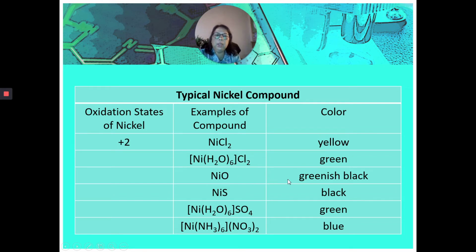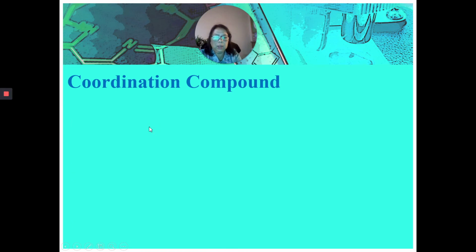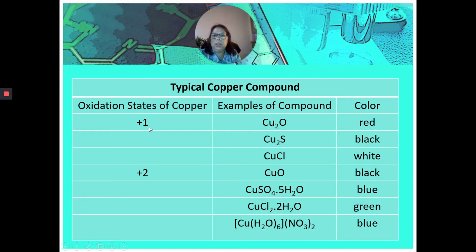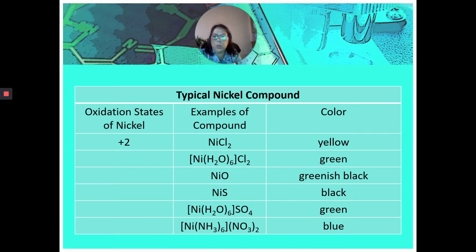With oxygen, green is black. With sulfur, black. And then with sulfate, it is green. Then for nitrites, it is blue. So the most beautiful or the most lovable nickel is actually plus 2, nickel plus 2.